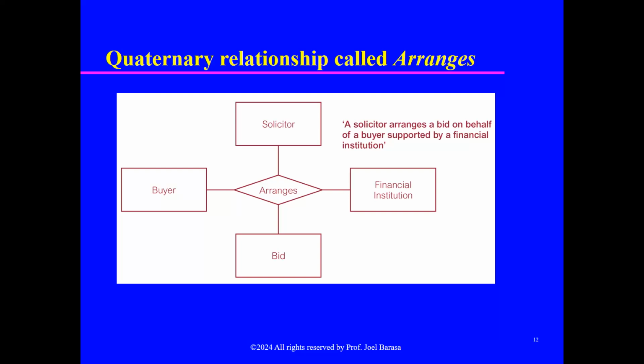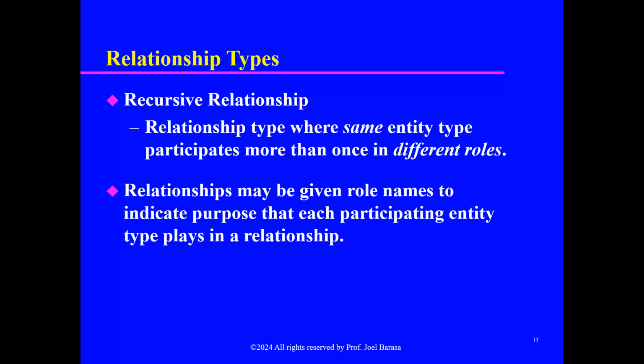If the financial institution does not support the bid that the buyer wanted to get, then it can be quashed. So a solicitor is one who arranges bids on behalf of the buyer, who is being supported by what? Financial institutions.